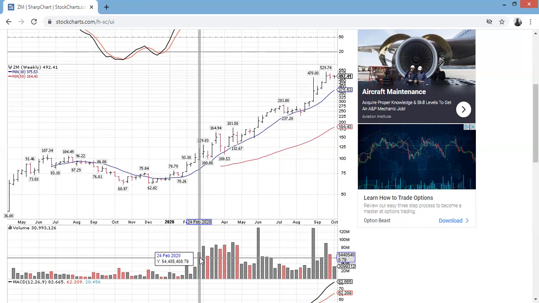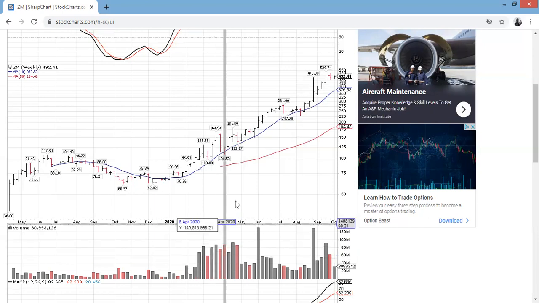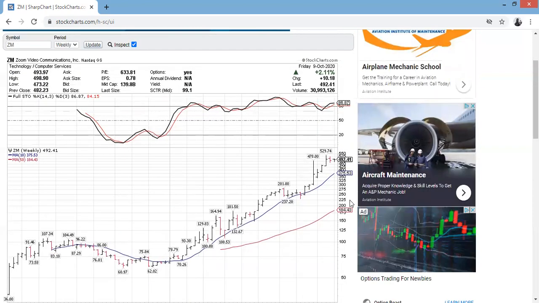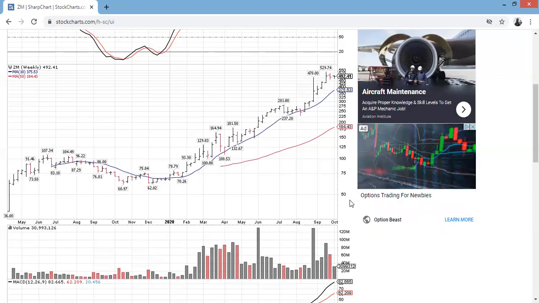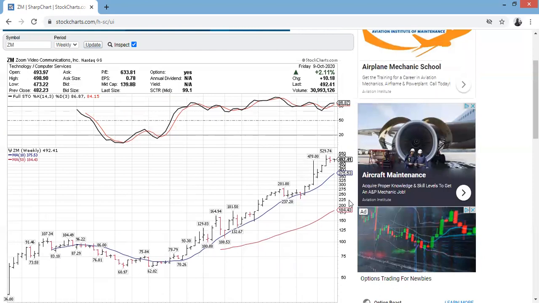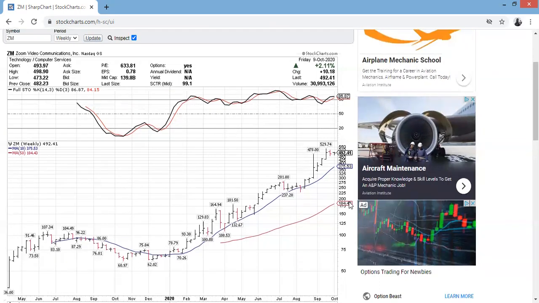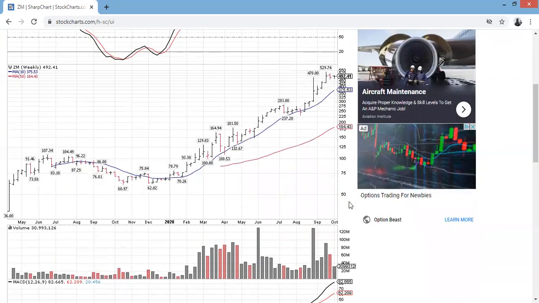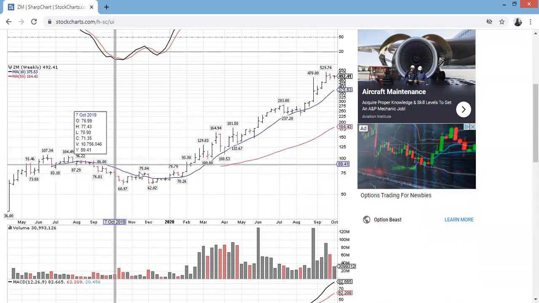People like you and me, we don't have enough money to move stocks the way they do. They invest millions of dollars. And so by reading stock charts, you get to follow the money. And when you get good at following the money, it will increase your chances of making money once you buy a stock.